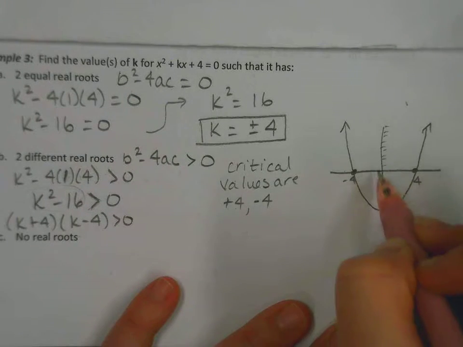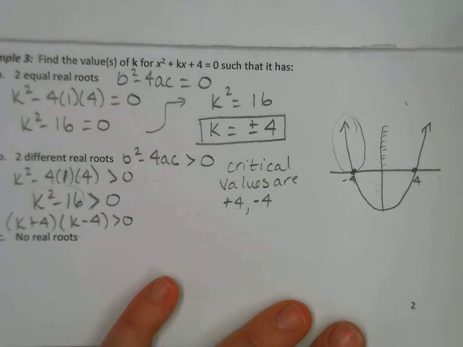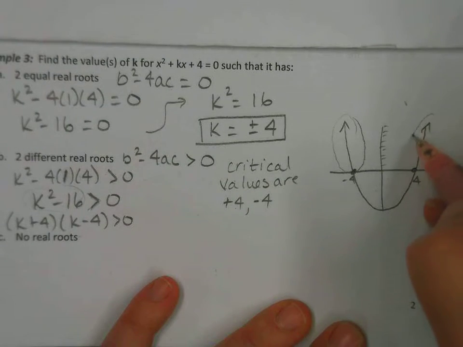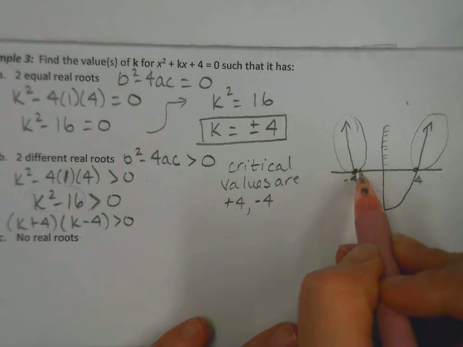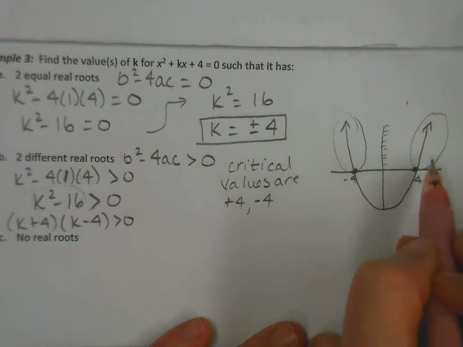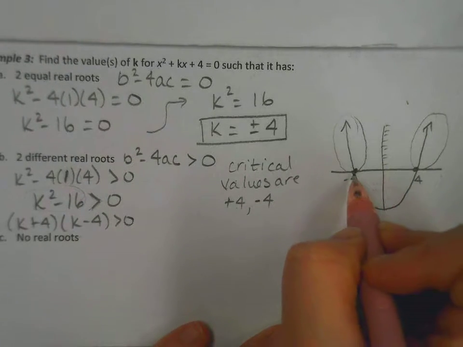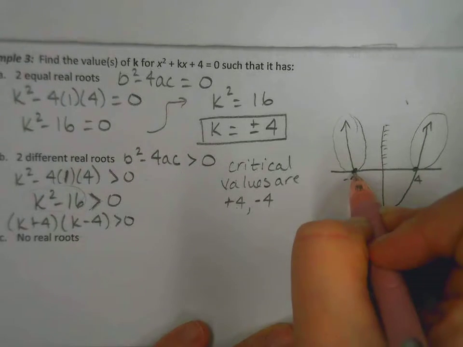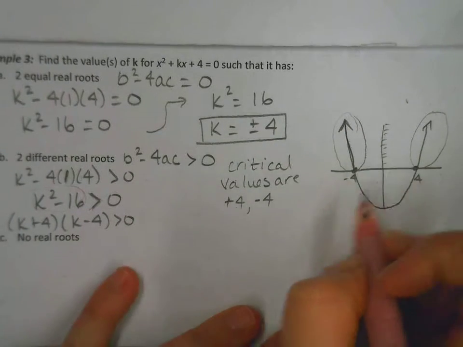So looking at this graph, this represents this branch of my parabola and this branch of my parabola. Now you want to talk about your x values in relationship to these branches. My x value from here over is going to be smaller than negative 4.